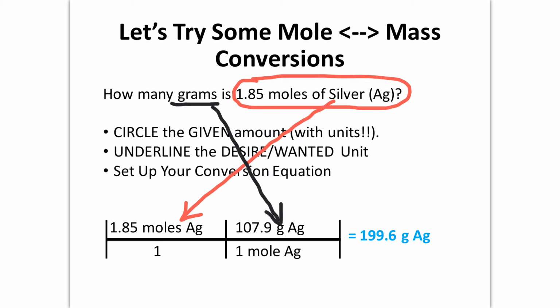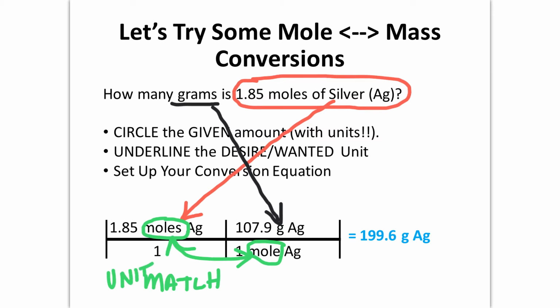Why? Because here I have listed moles, and I need moles here. So it tells you which conversion factor you need. And remember, these must match as far as units. The numbers won't match, but the units will match. So the units match.